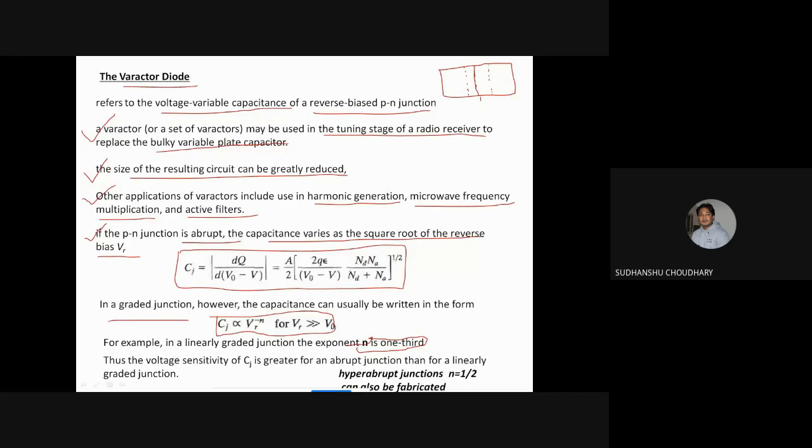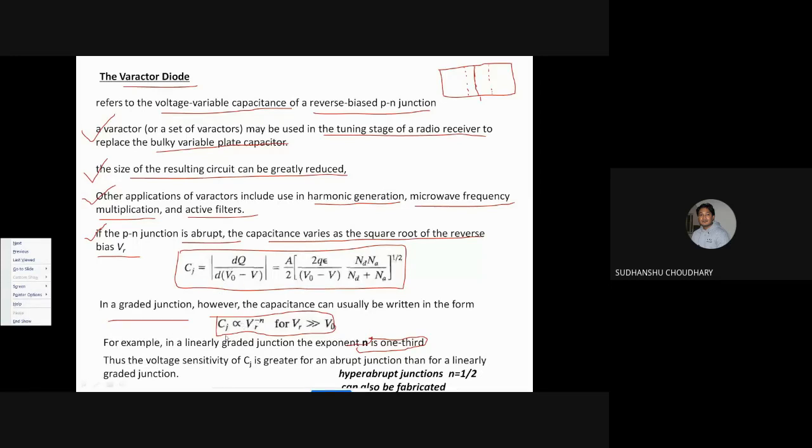So we see here that there is a sensitivity mismatch, that is, the change in junction capacitance with applied reverse bias, which is called sensitivity. There are differences between the sensitivity of these two junctions, the abrupt junction and the graded junction.